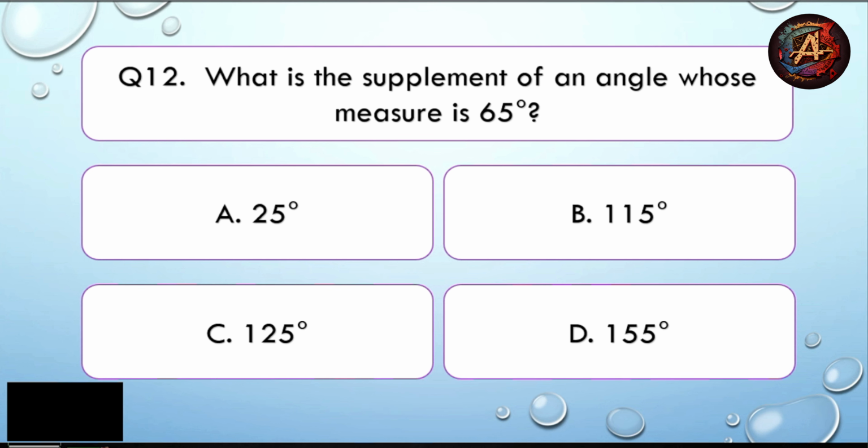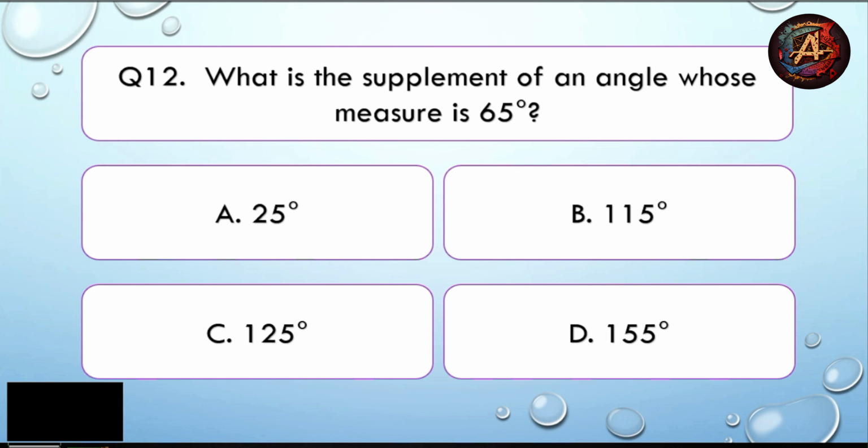Alright, math learners, if you can still remember the topic earlier on linear pair, there we talked about supplementary angles. In talking about supplementary angles, the total measurement of two angles that are supplements of each other is equal to 180 degrees. Now, in question number 12, you are given one angle which is equal to 65 degrees.